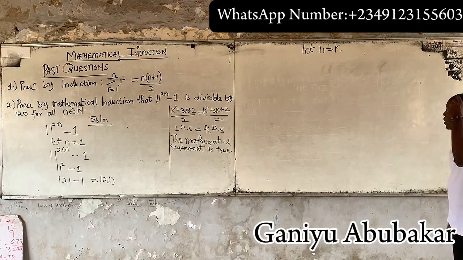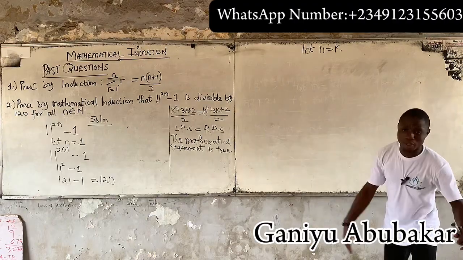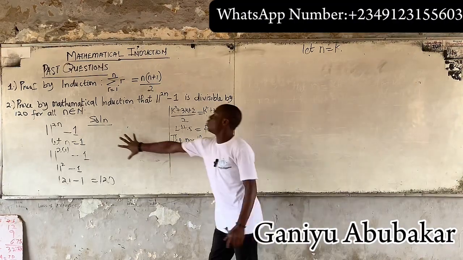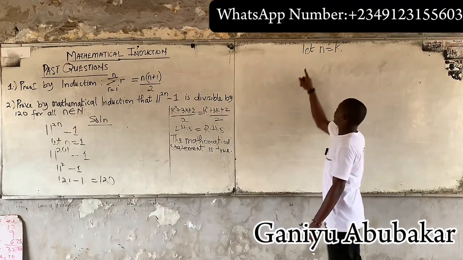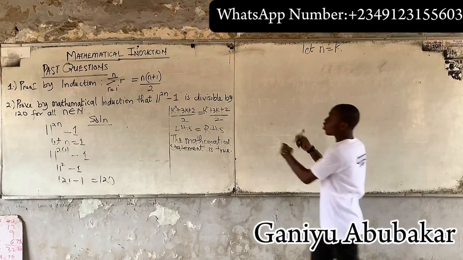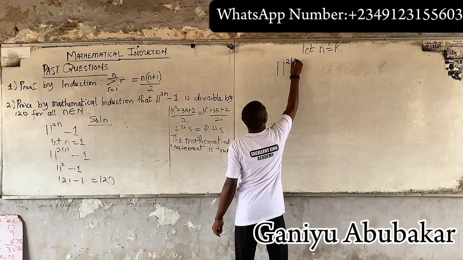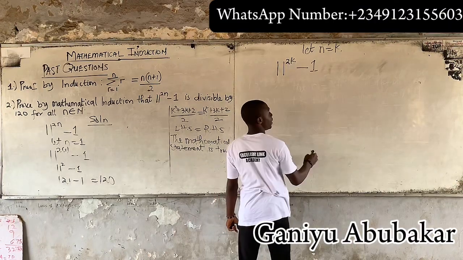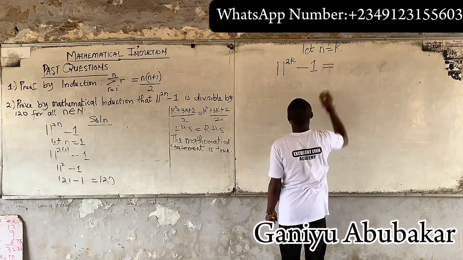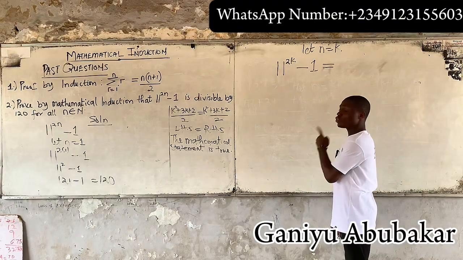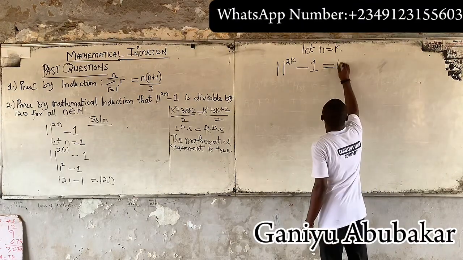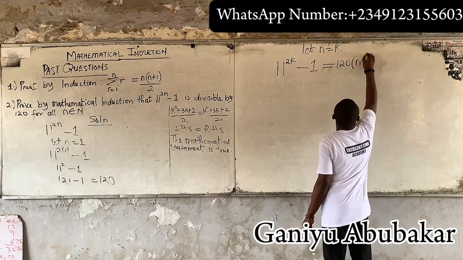Listen up. At this point, you cannot kill this one. All right, let n be k. That becomes 11^(2k) minus 1 is equal to 120 times m.